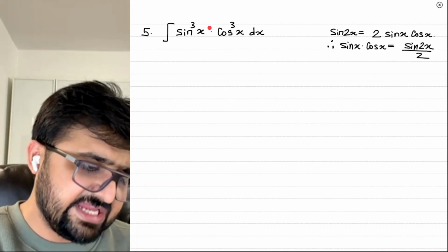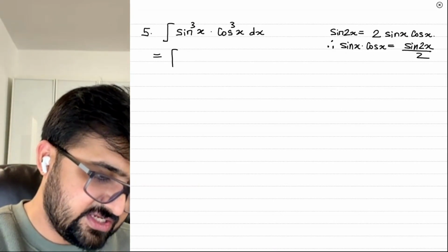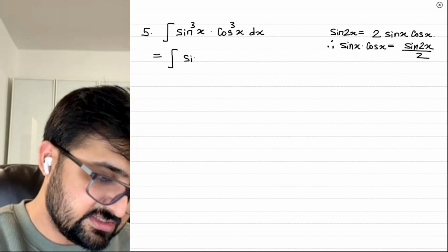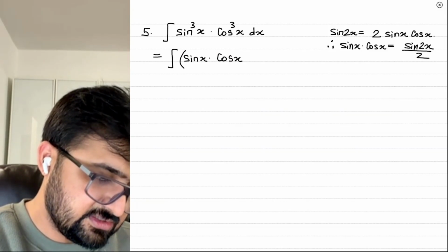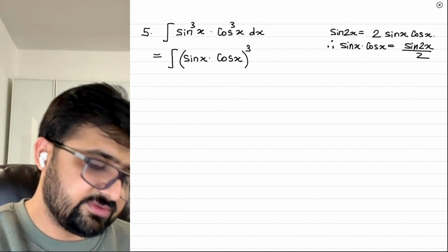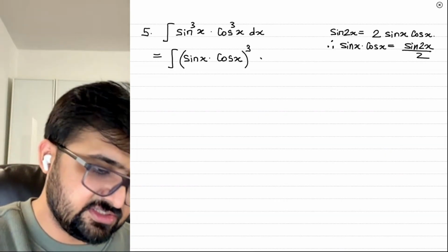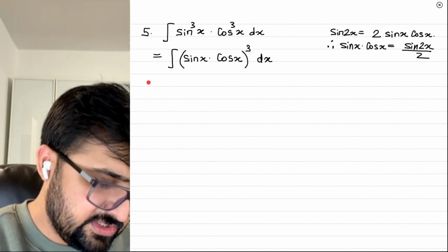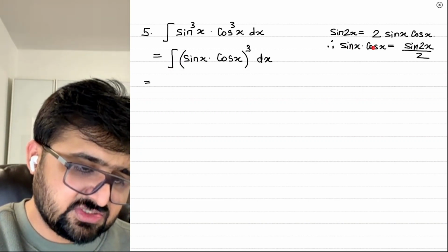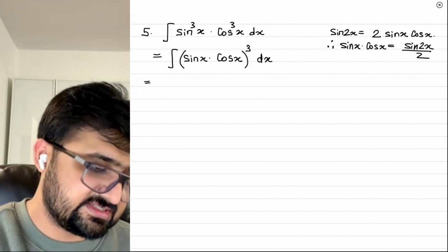So here this sine cube x and cos cube x can be converted as sine x into cos x the whole cube. Now we know sine x cos x is sine 2x divided by 2.